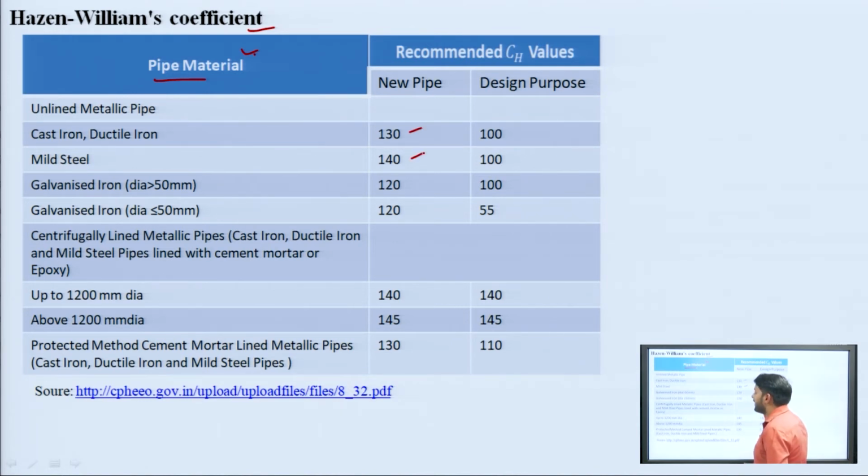For galvanized iron, if the diameter is greater than 50 mm, the recommended value of Ch is 120. But when we are going for design purposes, the value considered is 100, and 55 for galvanized iron less than or equal to 50 mm diameter. Okay, so different materials have different values of Ch, and the particular selection of value depends upon the material with which we are going to design a pipe.